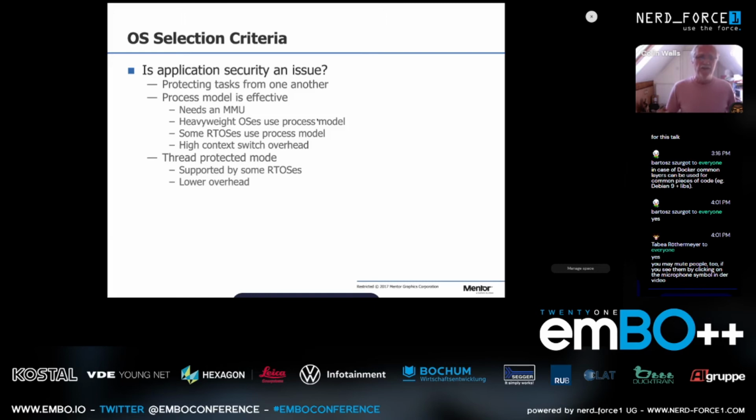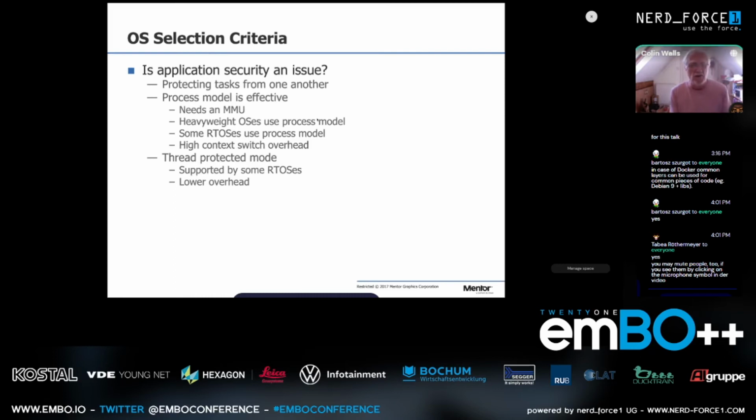What about application security? Security is all about protecting one task from another, and there are various ways of dealing with that. Process model is very effective. Now, process model is what's used by the likes of Linux. It needs an MMU. Some RTOSes actually have a process model of some kind as well.